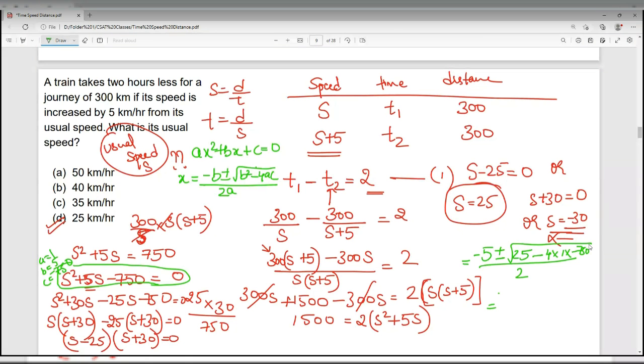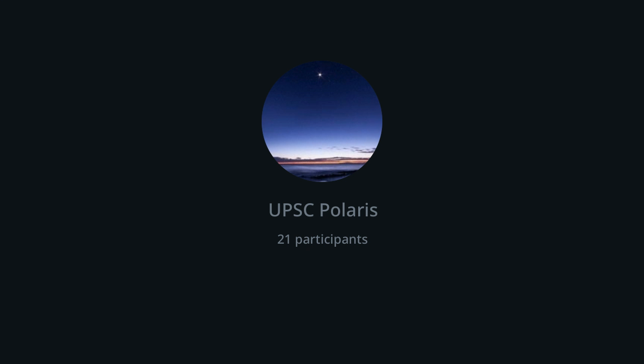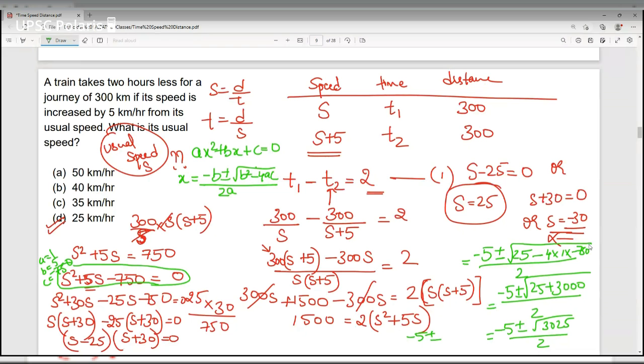This is minus 5 plus or minus root of 25 plus 3000, since 750 into 4 is 3000, divided by 2. This is minus 5 plus or minus root of 3025 divided by 2, and the square root of 3025 is 55.